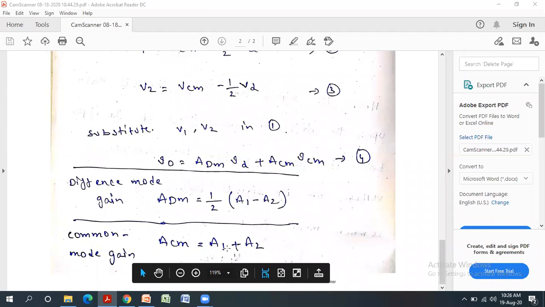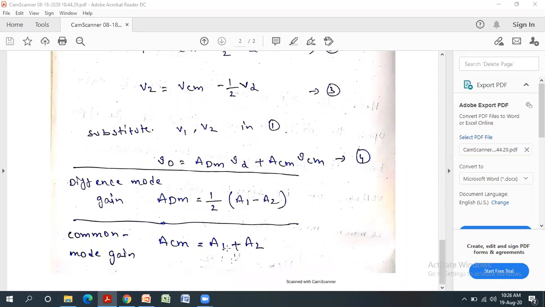The gain which amplifies the common mode signal to produce the output at the differential amplifier is called common mode gain.